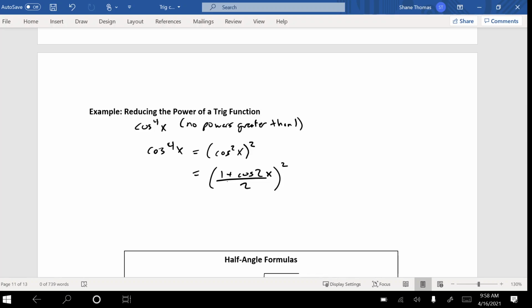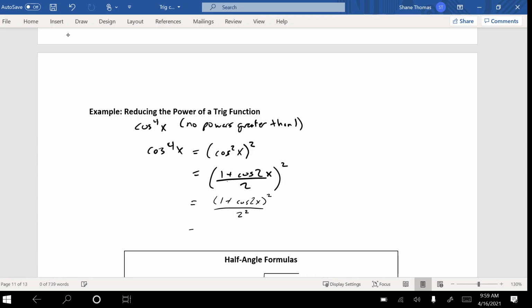Now, we have everything squared, correct? So let's distribute that square through. I'm going to go with 1 plus cosine of 2x, quantity squared, over 2 squared.